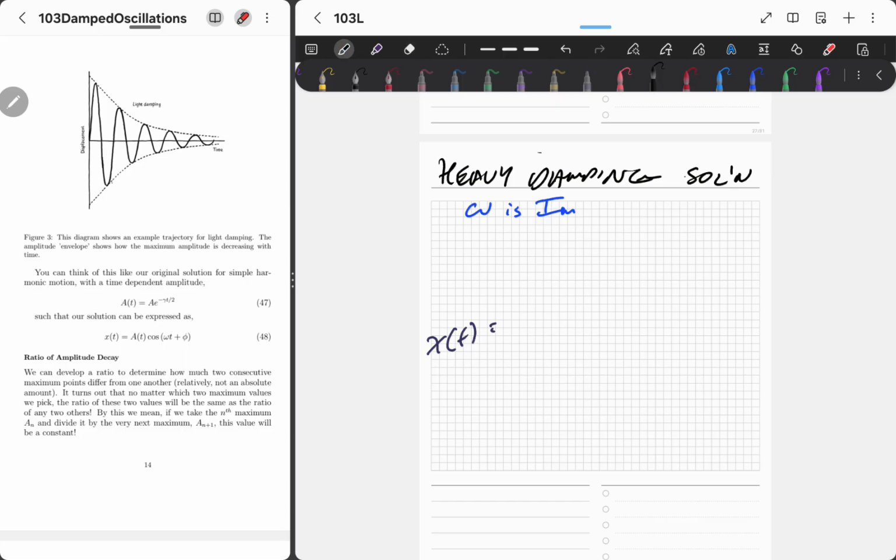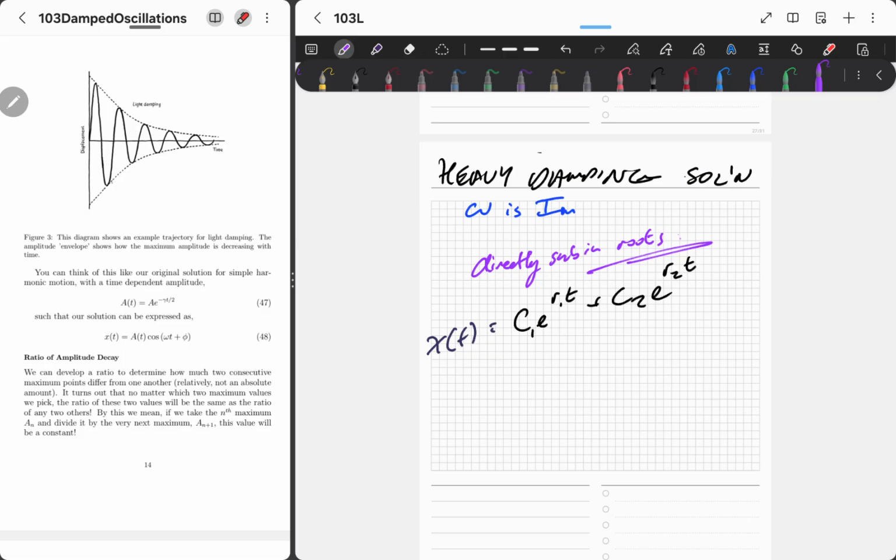Now, some students had some good questions in the first class. Why does the heavy damping one not go faster than the critical damping? Because the damping parameter is bigger for heavy damping than it is for critical damping. Well, one of the main reasons for critical damping, we lose this positive exponential bit and this negative one.